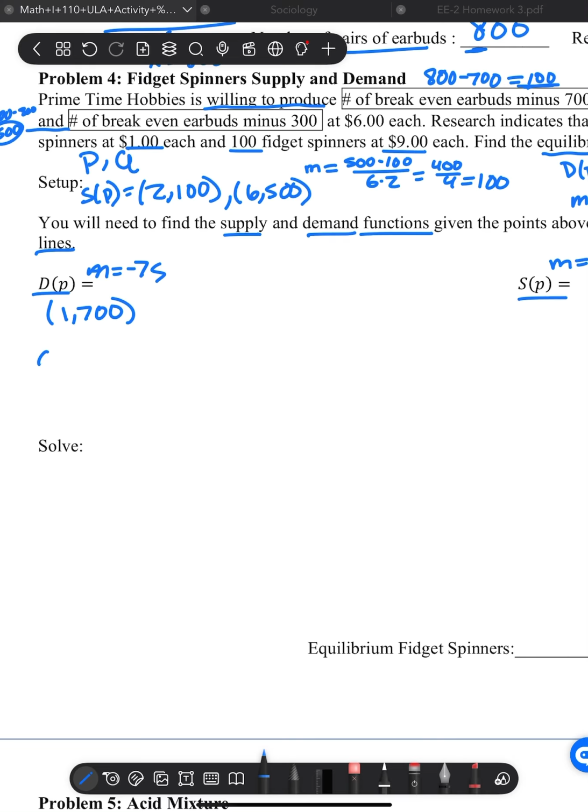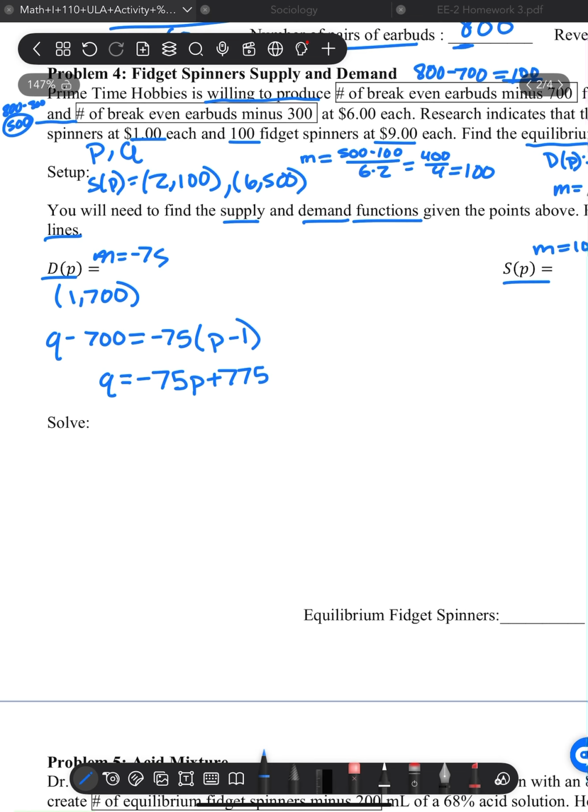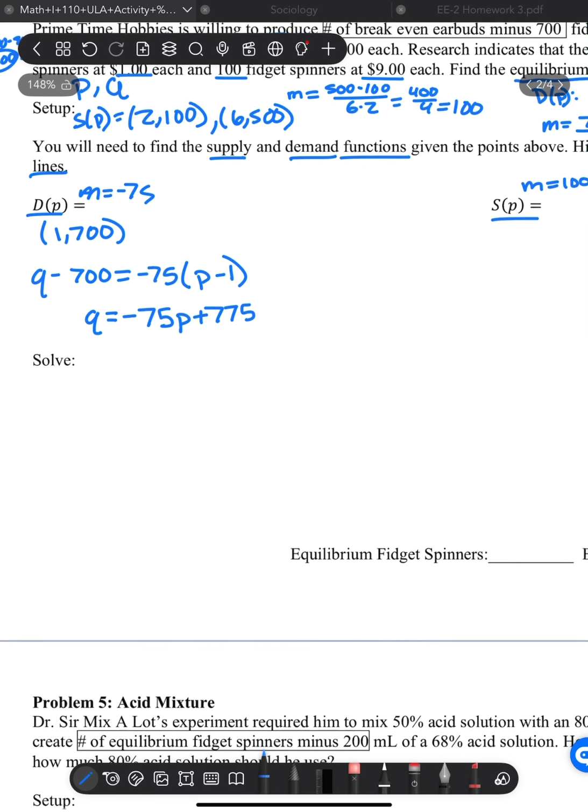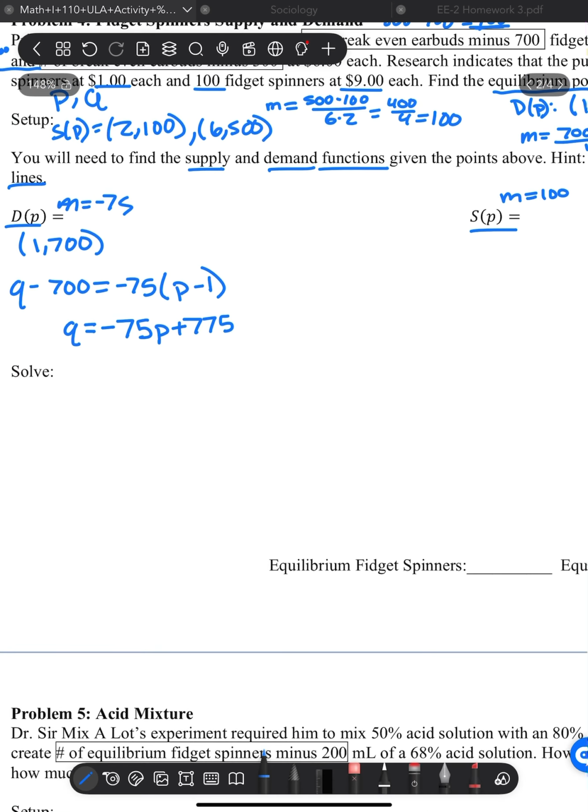So, with this, we have our quantity minus 700, and we have our slope, and our p-value. Okay, I'm just going to have it simplified here for the sake of time, but when you simplify that, you get to this y-intercept form type equation.